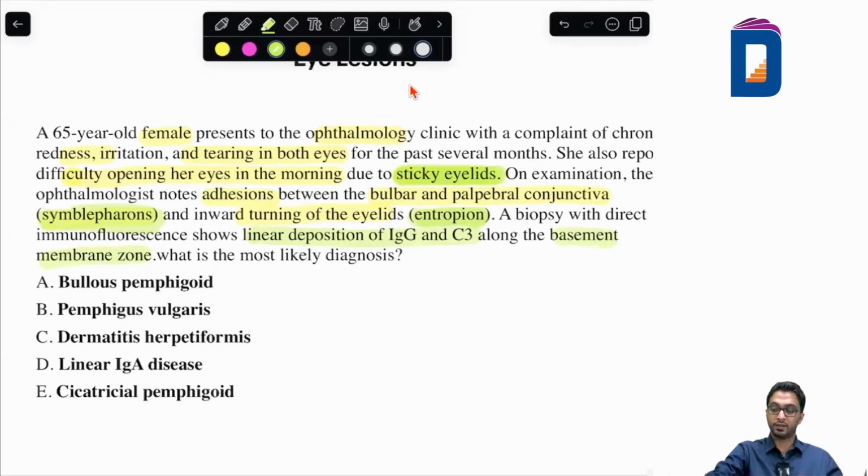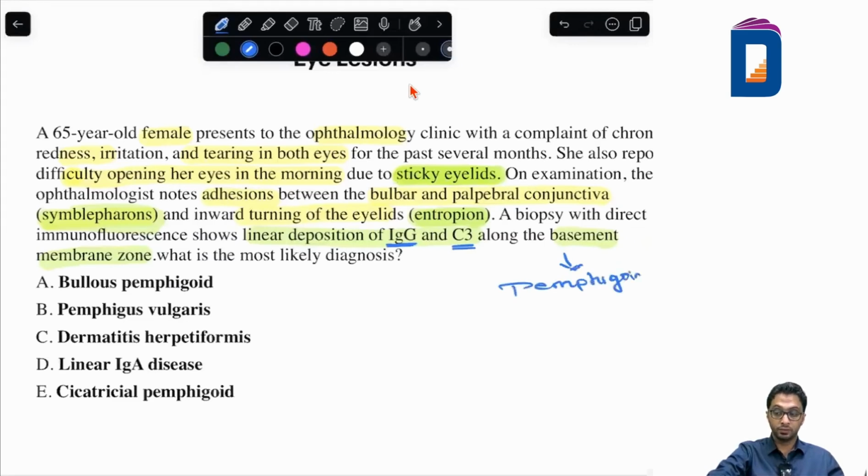Okay, how many of you are there? On the basement membrane zone. This is the key. The moment you see basement membrane zone, please note, deposition of antibodies and complement, any antibody, at the basement membrane zone, the most common lesion you have studied will be pemphigoid.